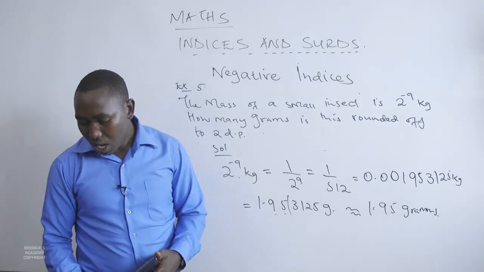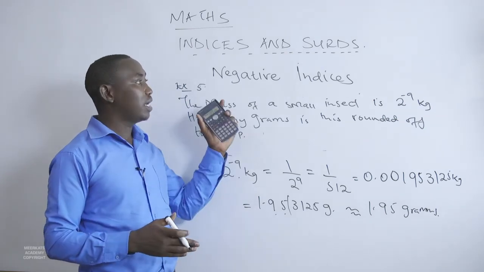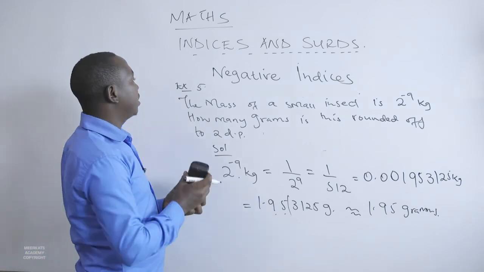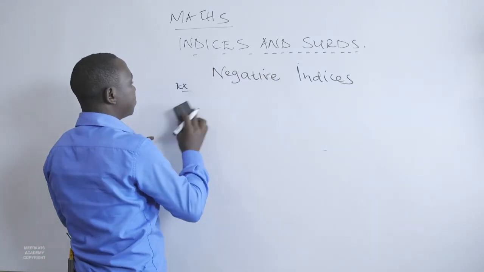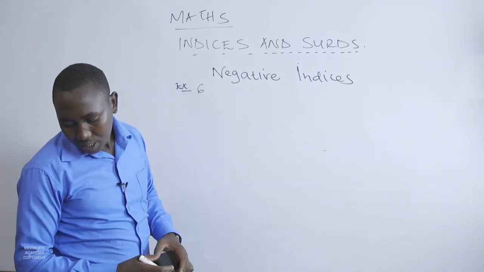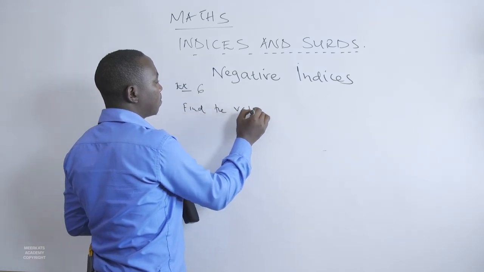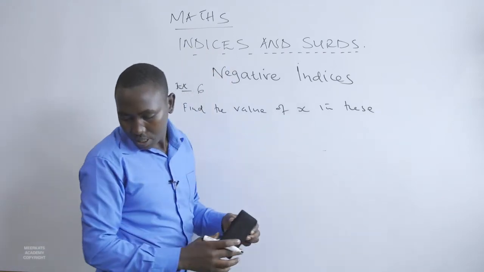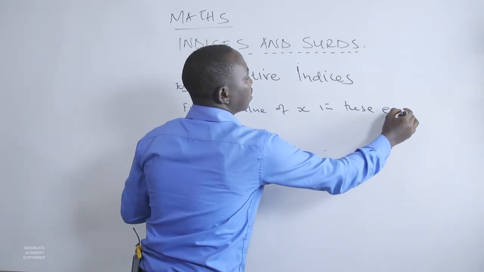I want us to now consider the final example to round up on negative indices, where we are told, example 6, find the value of x in these equations.